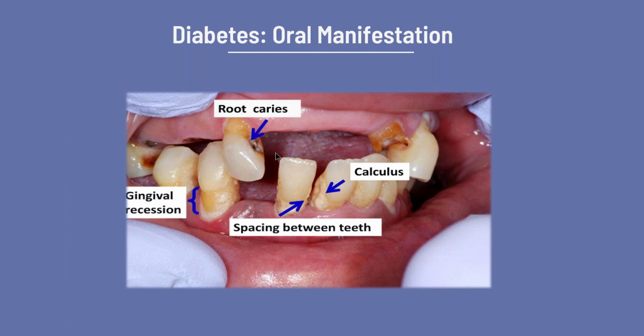And this roughness caused by root caries increases the accumulation of plaque and calculus, which causes inflammation of the gum tissue, and the gum recedes from its original position, exposing the root surface, which is known as gingival recession. And the exposed root surface leads to increased sensitivity during eating and drinking, which is often perceived as pain.